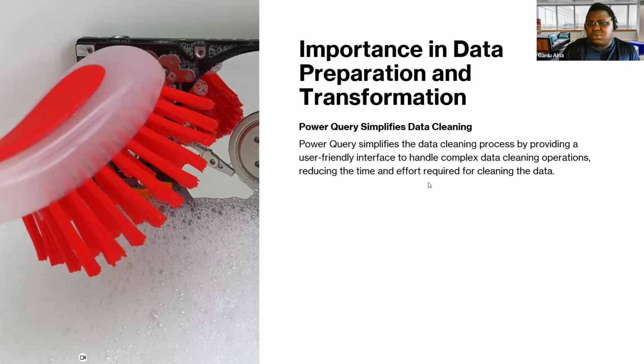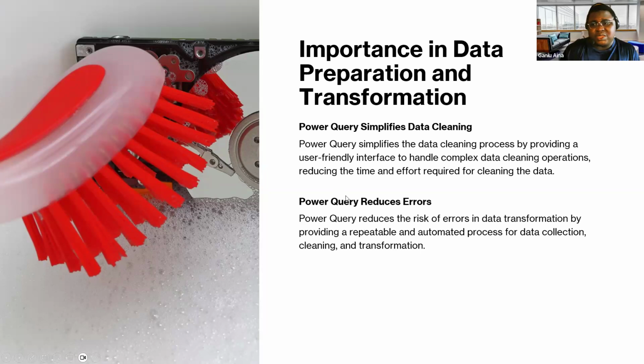But Power Query allows anybody on this call to use it, drag and drop. So instead of asking ChatGPT for code every time, we just drag and drop by testing it. You can simplify your data cleaning process and you can also automate it, which also helps reduce errors in data transformation.